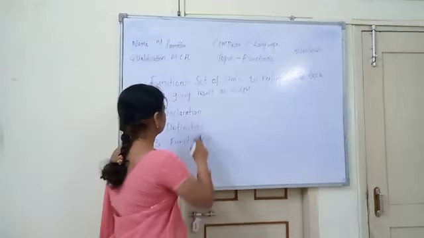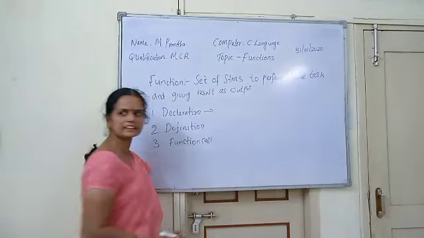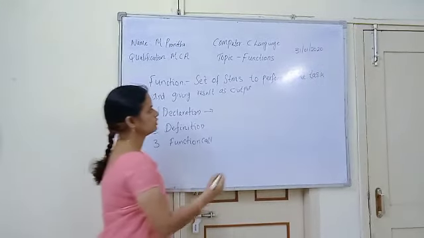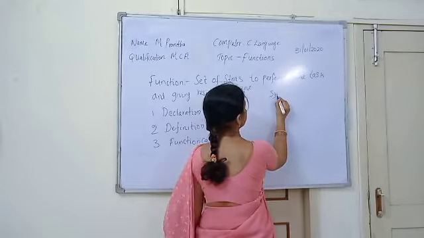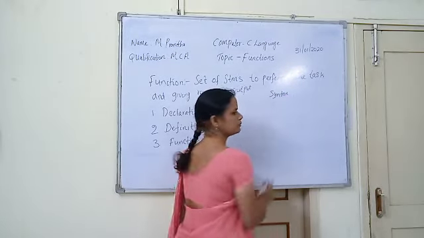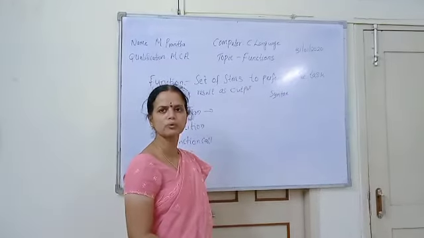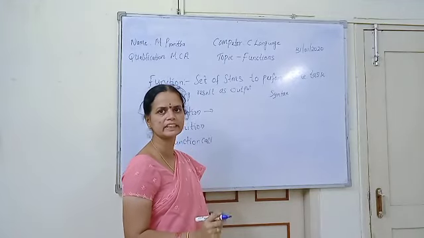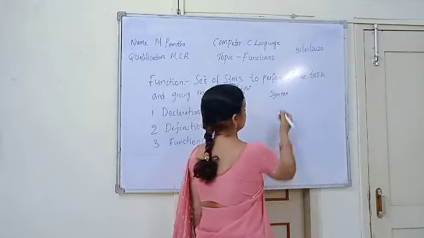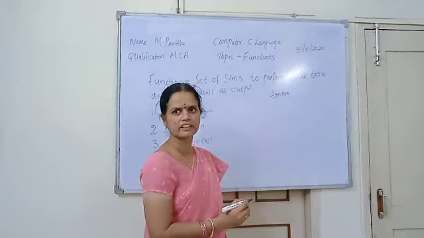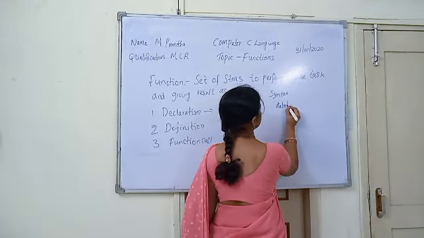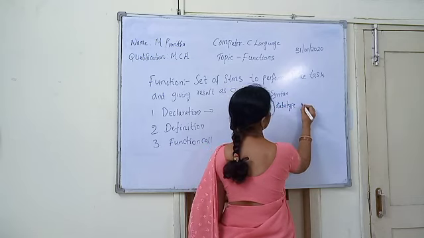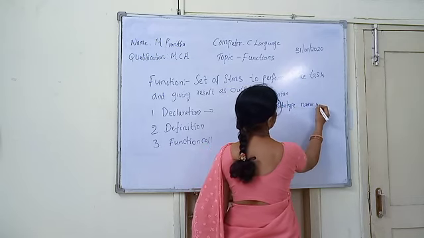First, let us consider the declaration of a function. Whenever you are creating a variable, you follow some syntax. Syntax is nothing but the rules that are to be followed for creating any variable. So what is the syntax for declaring a variable? That is its data type and the name of the variable.